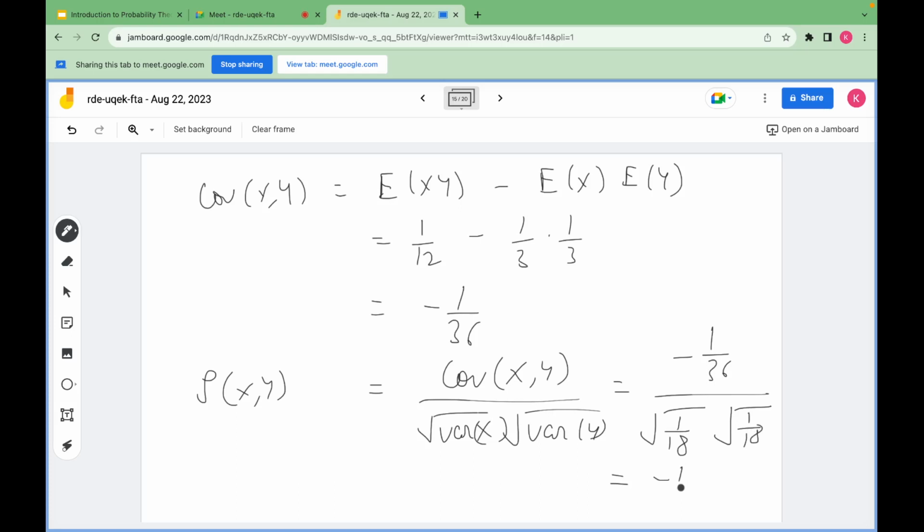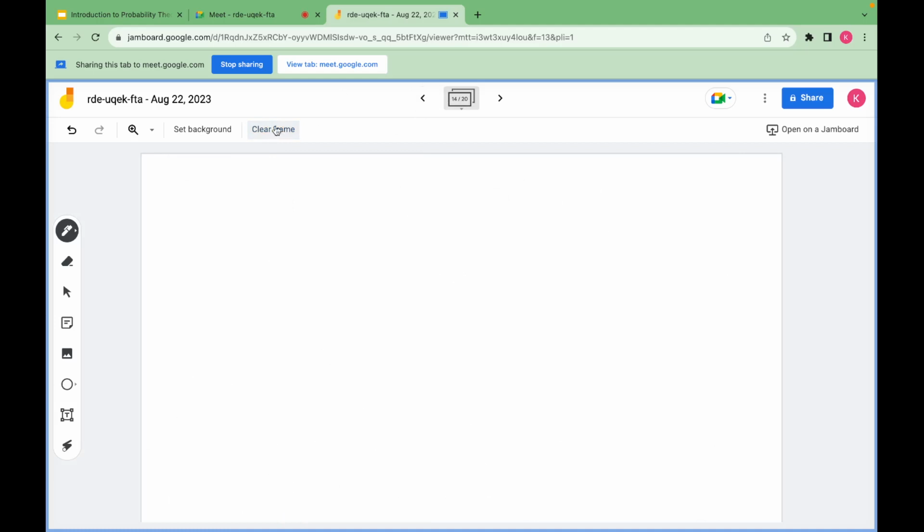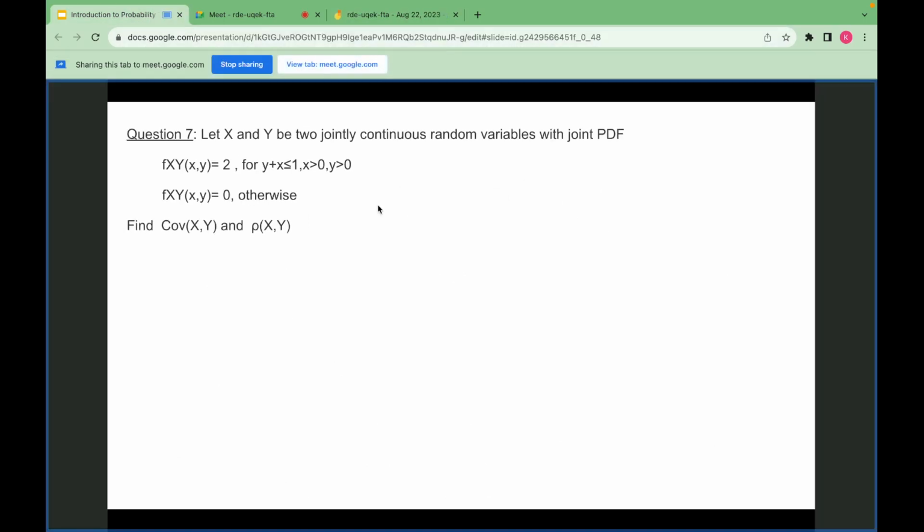This is minus 1 by 36 into 18, so this comes out to be minus 1 by 2. So I hope this is clear. Now we will move to the next question.